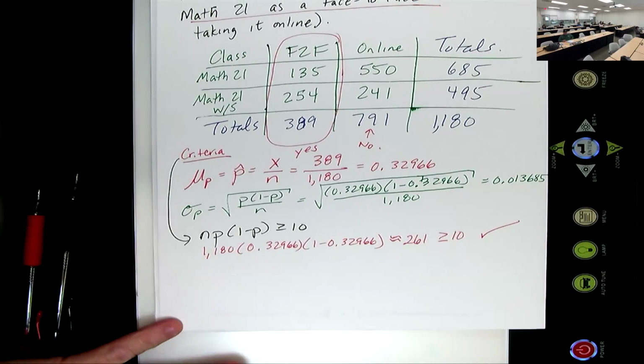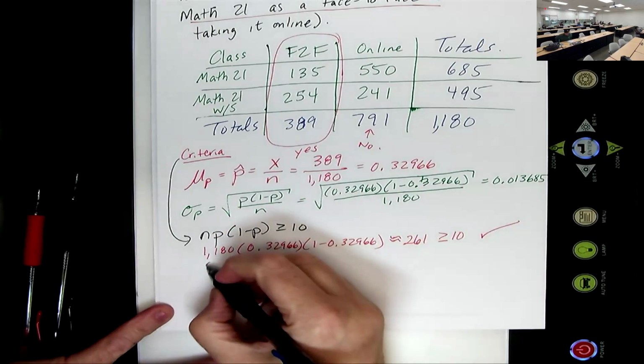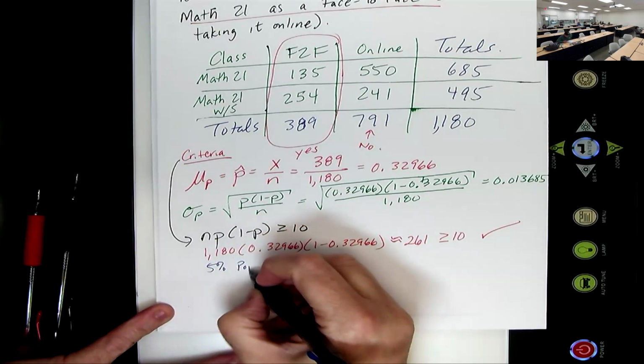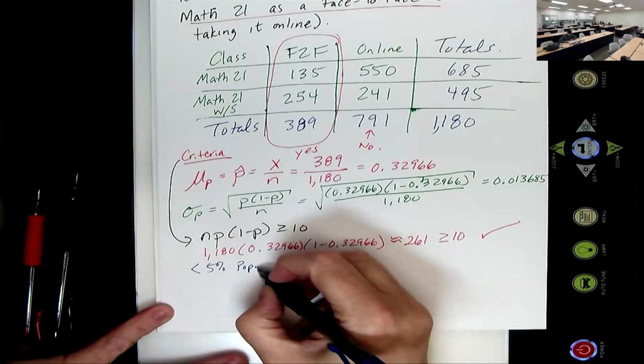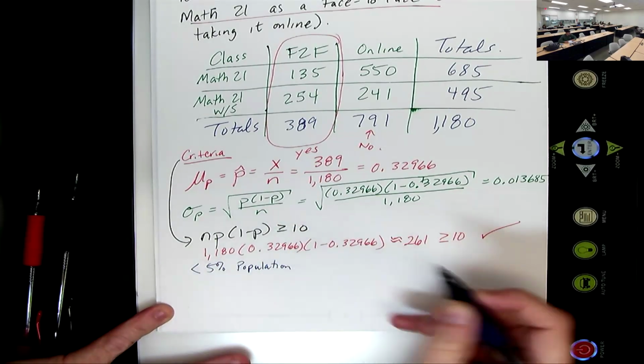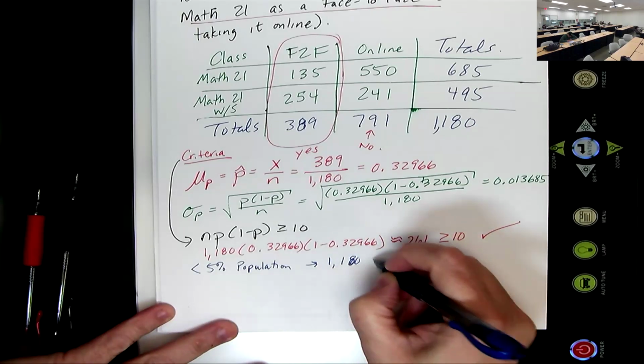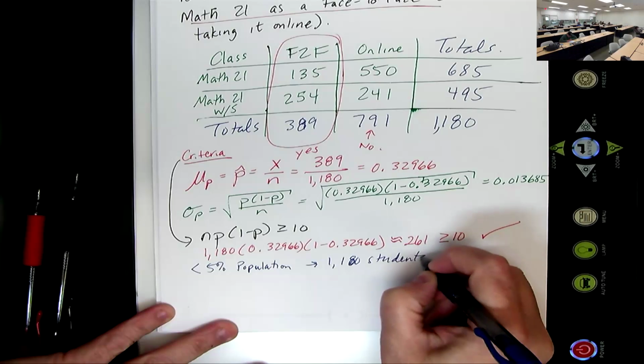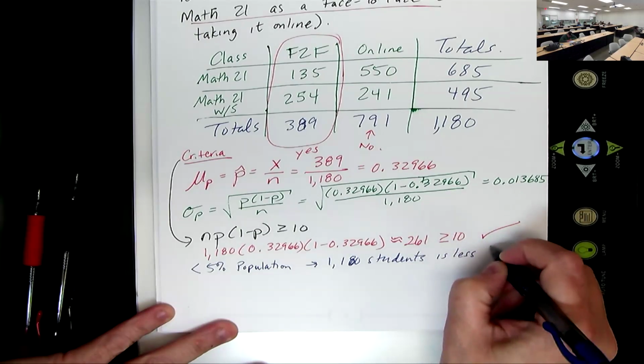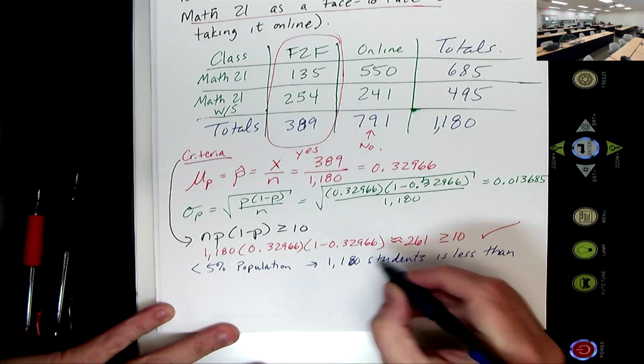And the second criteria is less than 5% of the population. I can guarantee 1,180 students is less than 5% of community college students.